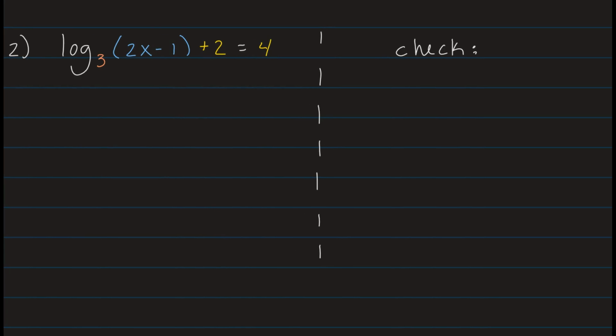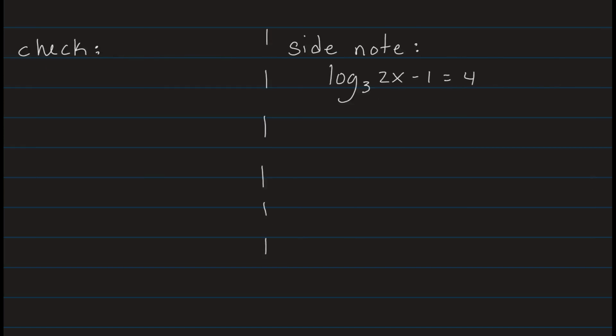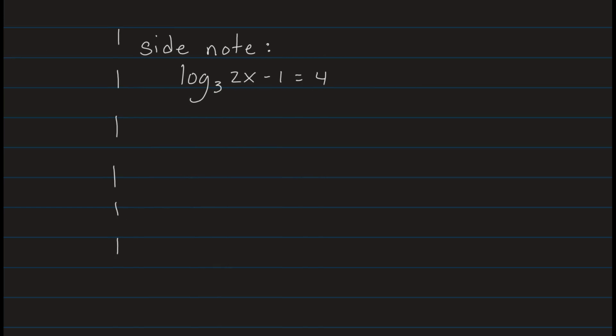Our true example has parentheses, meaning everything I've written in blue here is what is being logged. That is our argument. Over here, there are not parentheses. So only the 2x is the argument. That is the only thing being logged.